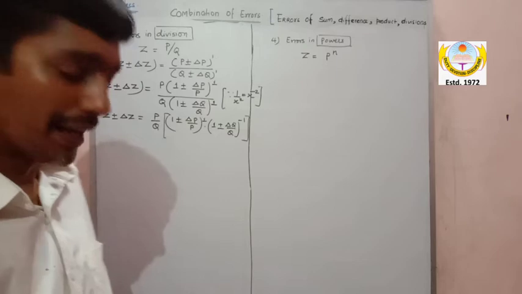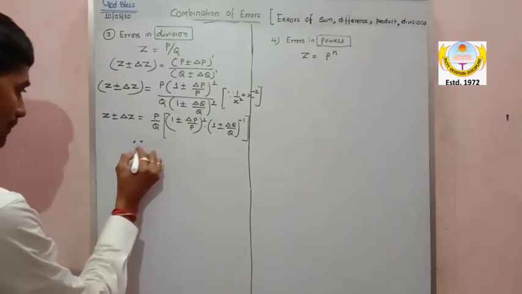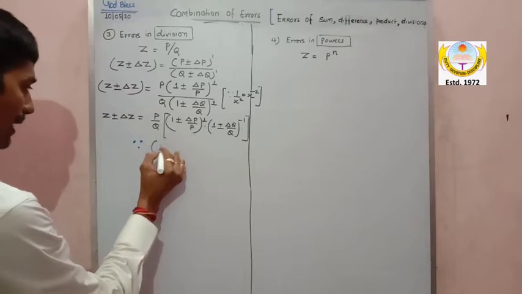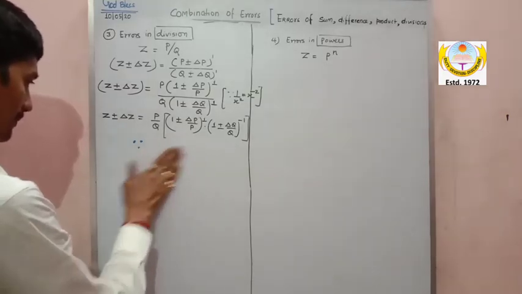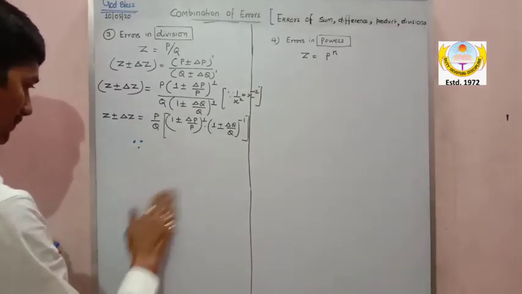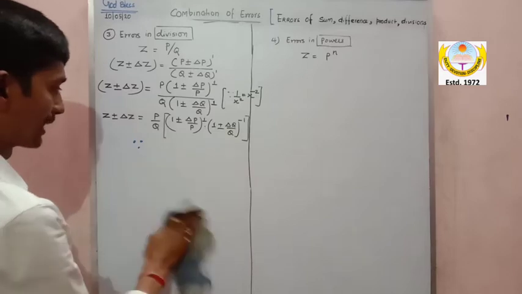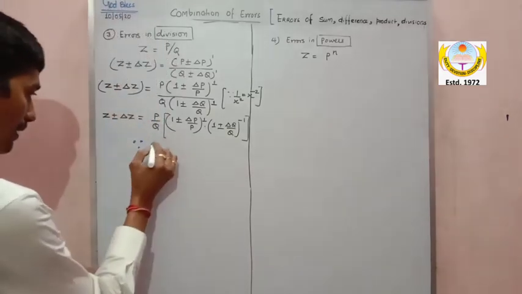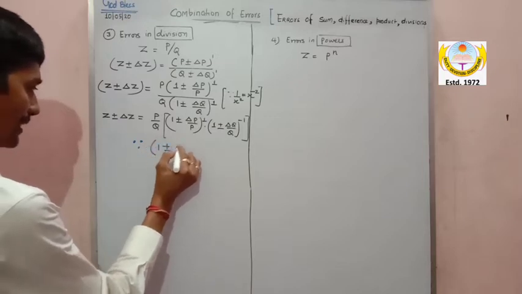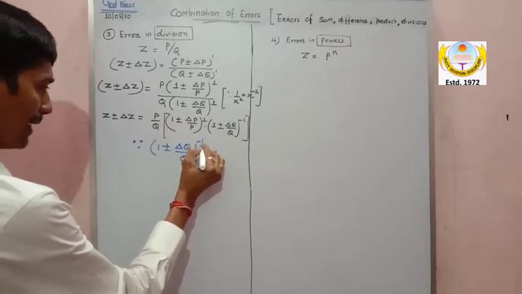Look at this concept carefully. This is a very important one. 1 plus minus delta q by q whole power minus 1 is there.